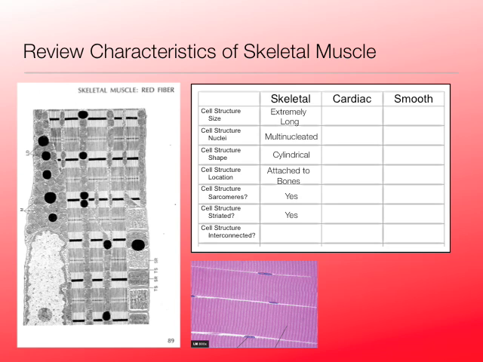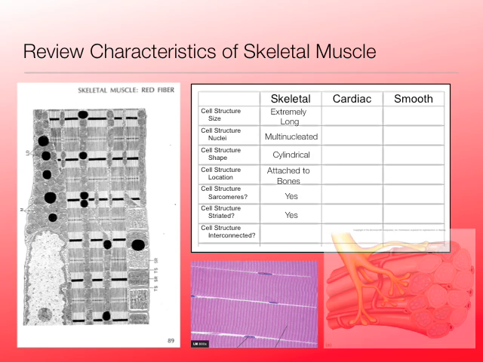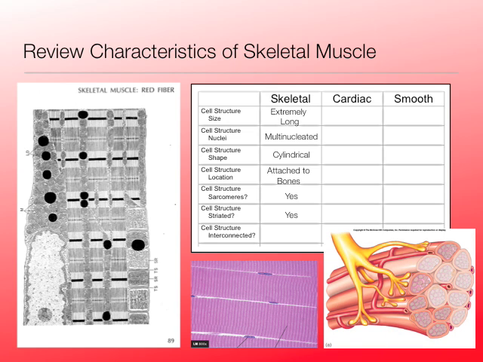Now, this question, we really haven't dealt with this before, so I need you to think through this one to give me an answer. I'm wondering if the cell structure is interconnected. Now, maybe you remember a little bit about this picture. By saying interconnected, what I'm asking is, are the muscle fibers here connected to one another? If this one contracts, would it cause this one to contract?